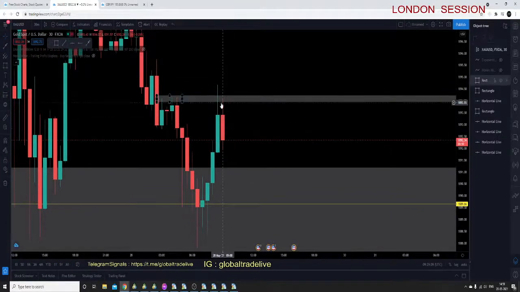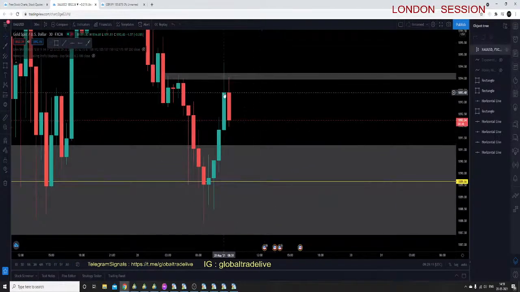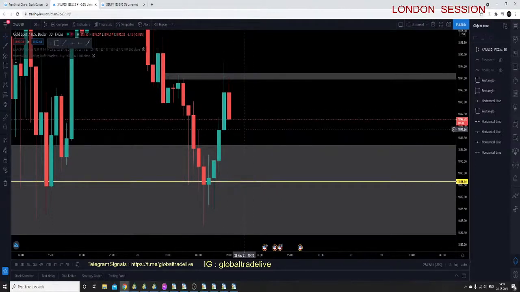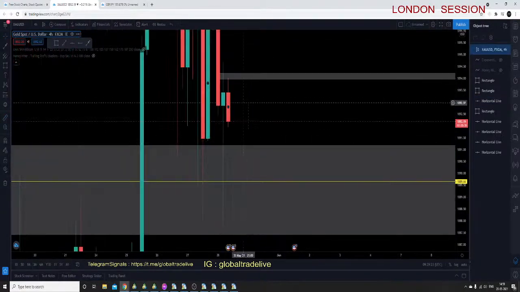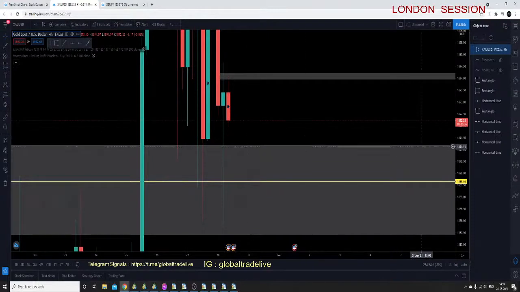Okay, so if this candle closes bearish, and the next candle breaks the low of this candle here, then I think at that point gold can move down to fill the wick in the 4 hour, because we have 2 wicks here to fill.